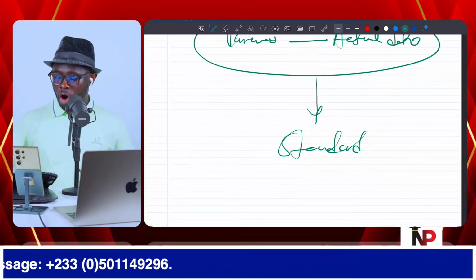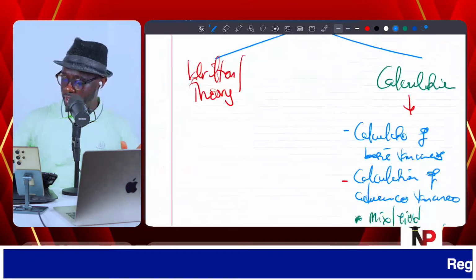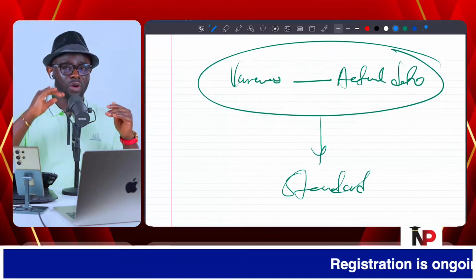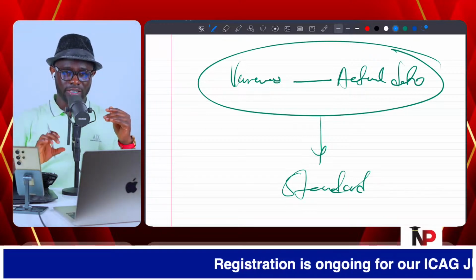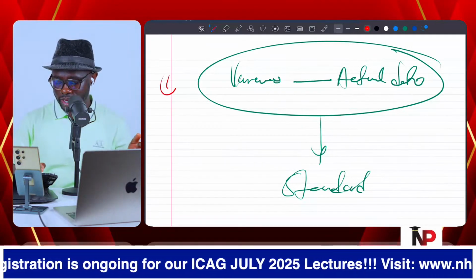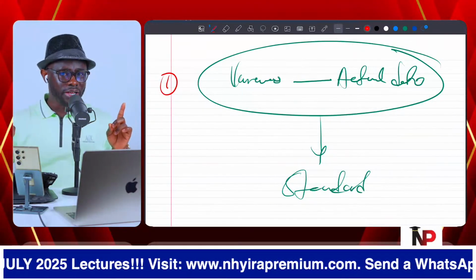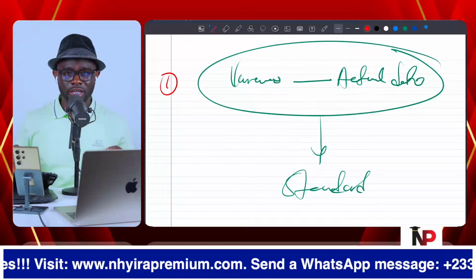The normal one, which is the basic one I spoke about, is where you are given the actual and the standard and you are calculating the variance. But here, the examiner gives you the variance and the actual data, then you are supposed to calculate the standard.